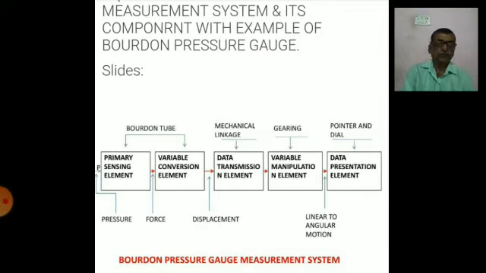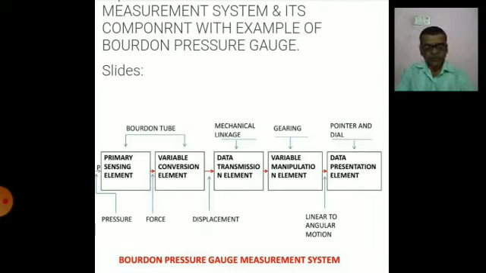This is done by a transducer. A transducer is defined as a device which converts a physical quantity into an electrical quantity, or in an analogous form. So the first stage of the measurement system is known as the detector-transducer stage.